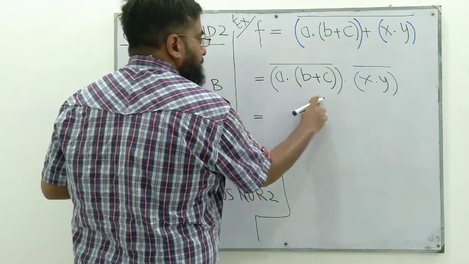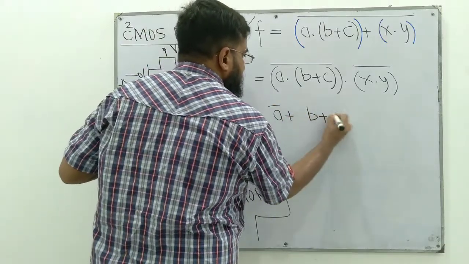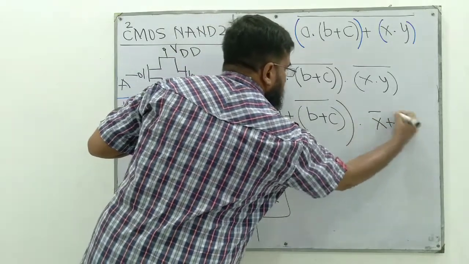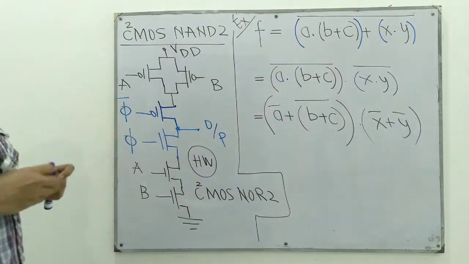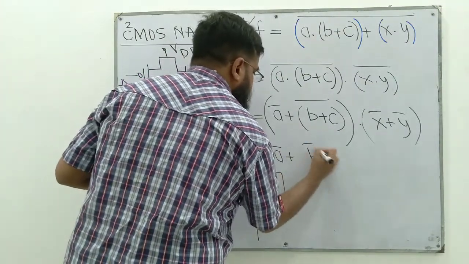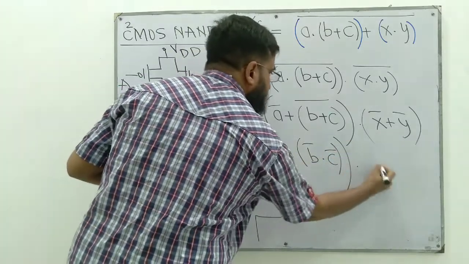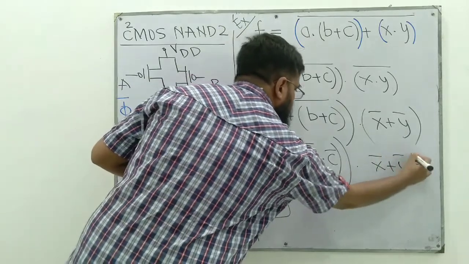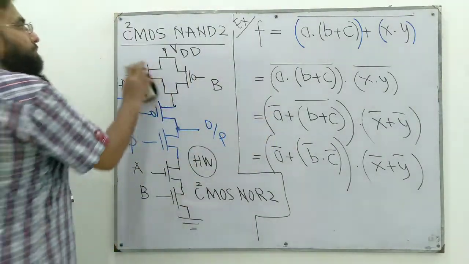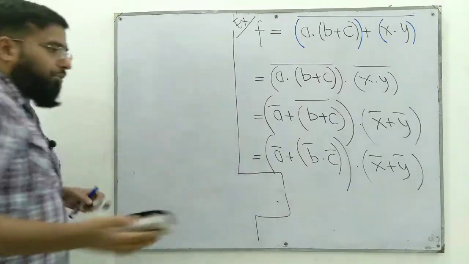And then further distribute this bar over A, like this, and then the last step is to apply De Morgan's law once again, right. Now we have the inversion distributed over each and every variable. And now we are ready to implement the PMOS array.